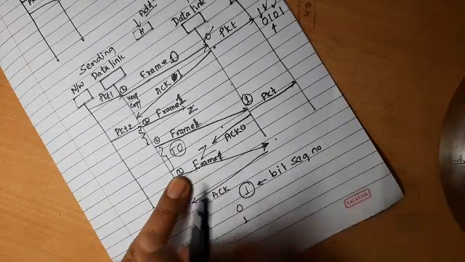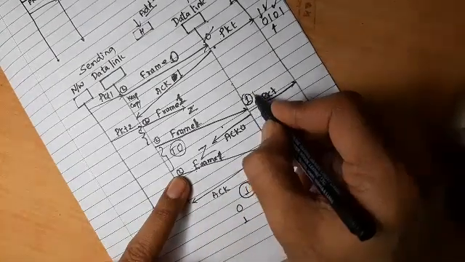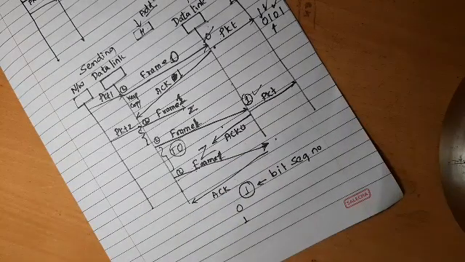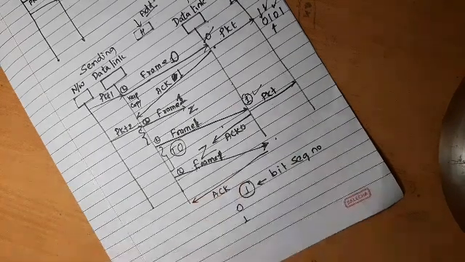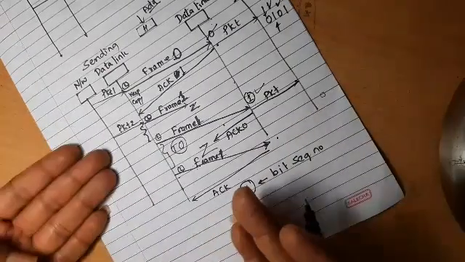Will it consume this frame? No. Why? Because the moment it consumed frame 1, the receiving entity waits for the frame with sequence number 0. That next sequence number is 0.